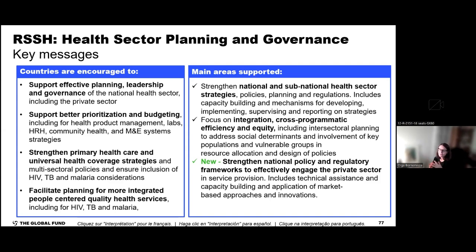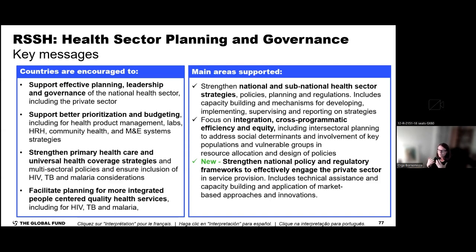The other 3 areas that we're encouraging you to support are better prioritization and budgeting, especially for the subsector plans on health product management, lab systems, HRH, community health, and M&E strategies.